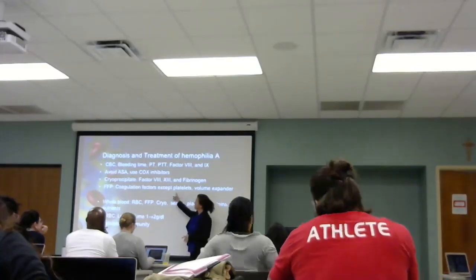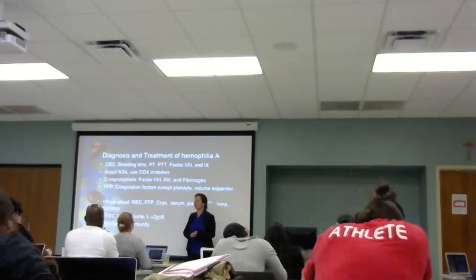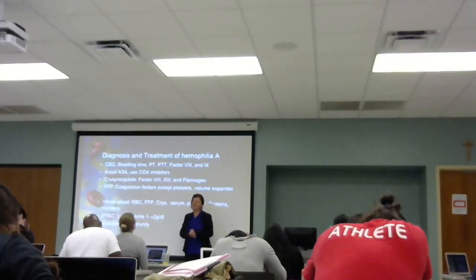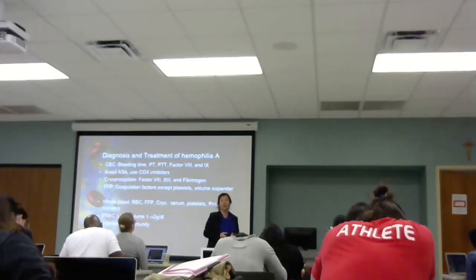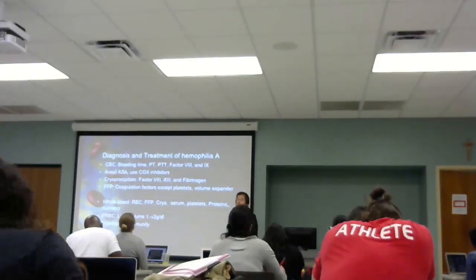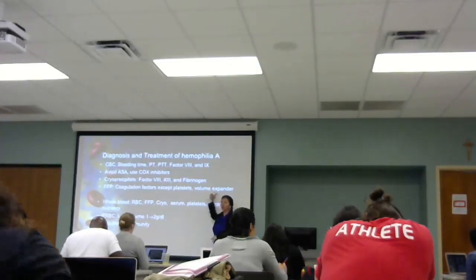So FFP has all the coagulation factors that you can imagine, except platelets. So if you need to transfuse platelets at any point, FFP is not going to do anything to resolve that. And as I said here, it's a volume expander.